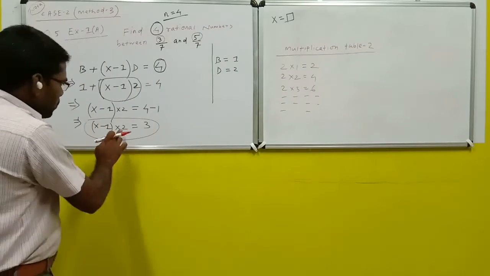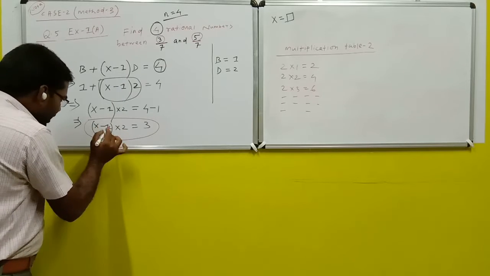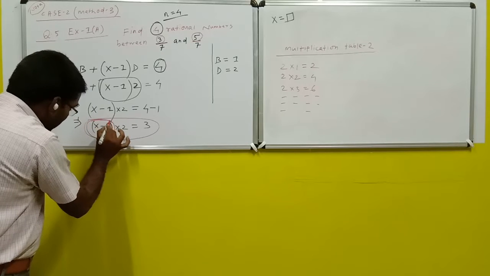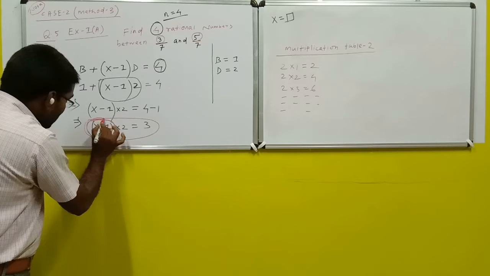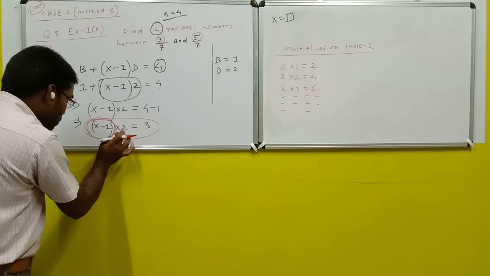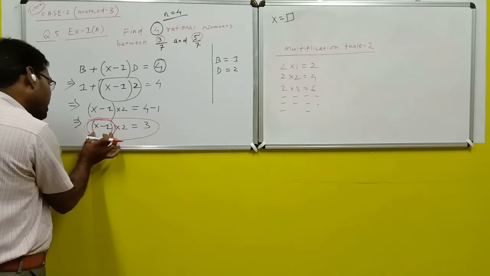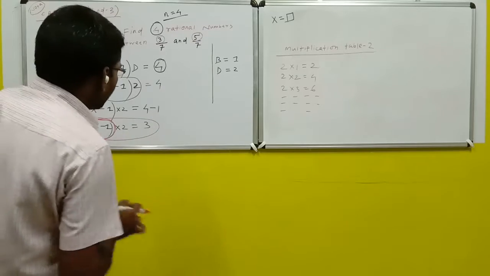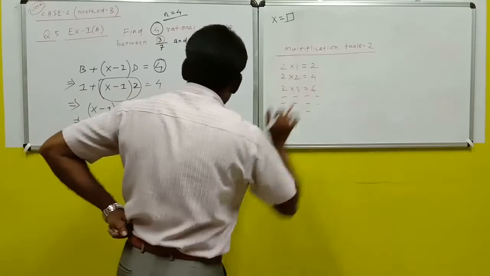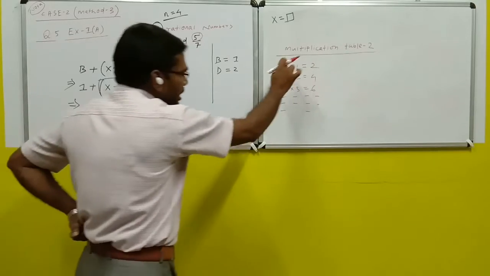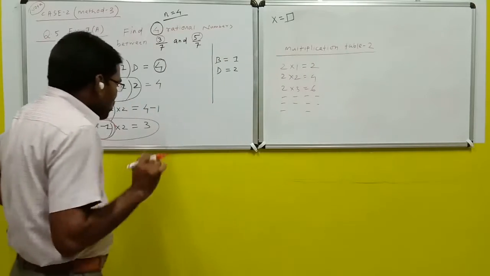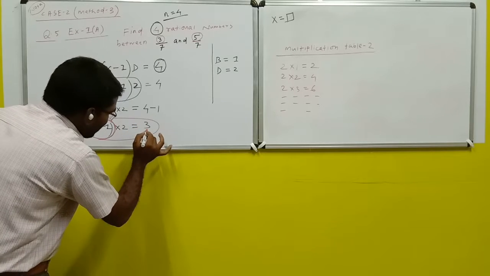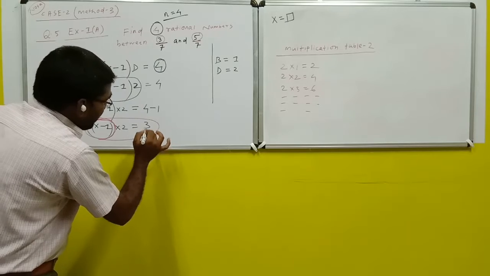Yes, 2 into this number, x minus 1 will be considered as only one number. So when 2 will be multiplied by this number, you get the product or result 3. It is impossible because multiplication table 2 में 3 जैसा कोई नंबर नहीं है. Check it. Therefore, it is your duty to take its next number, that is 4.